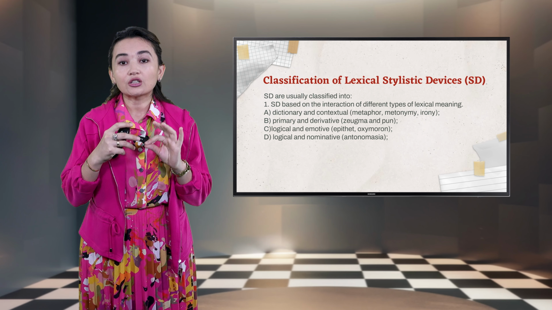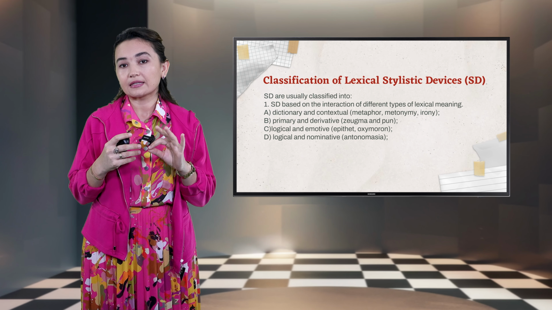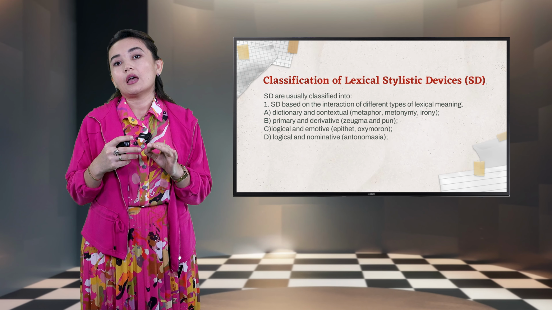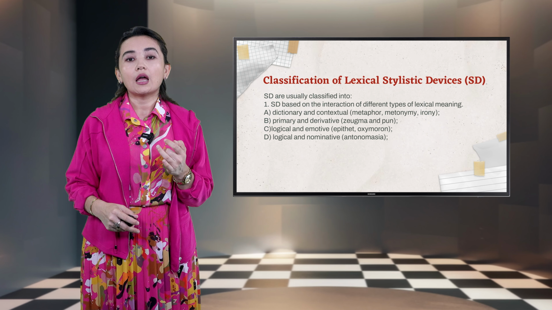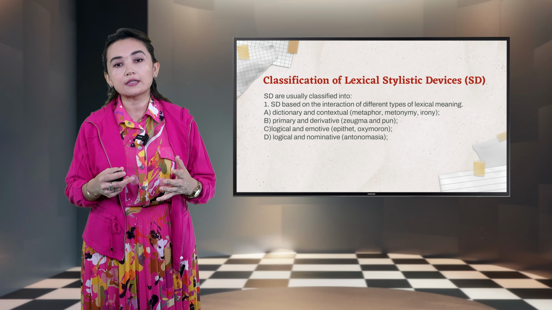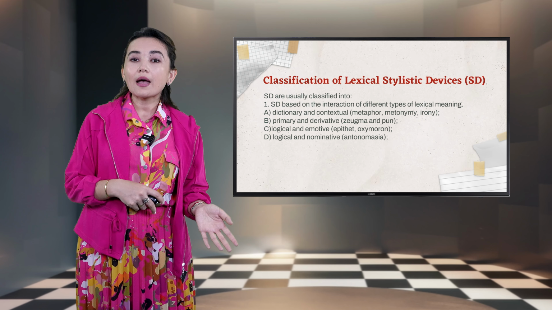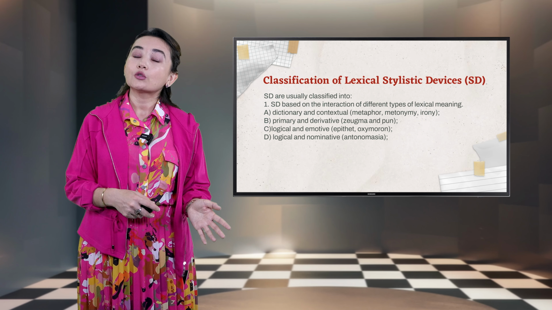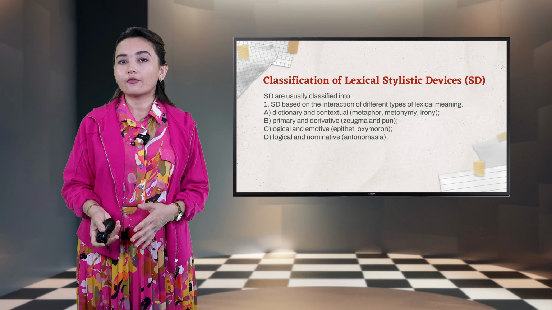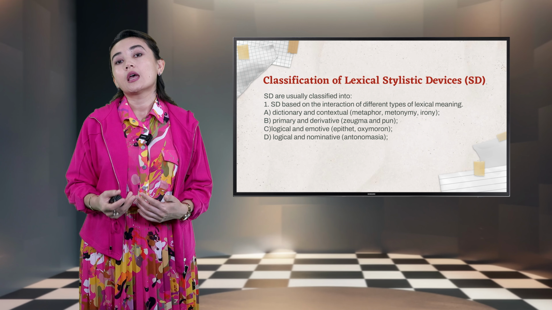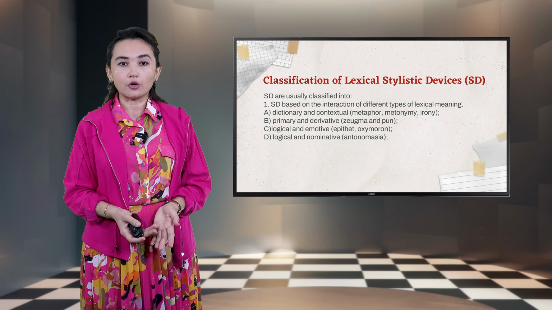Dictionary and contextual meanings include metaphor, metonymy, and irony. Primary and derivative ones include zeugma and pun. And what about logical and emotive? The logical and emotive group includes epithet and oxymoron.